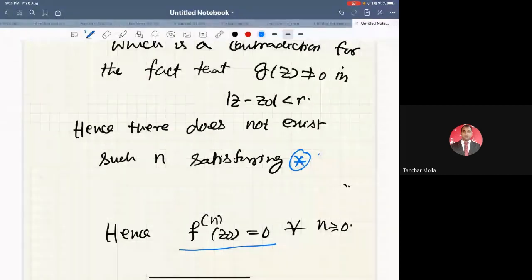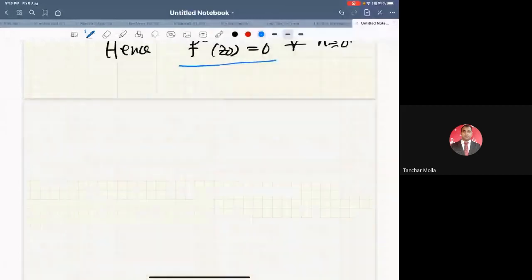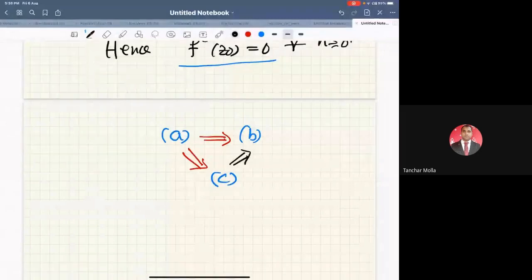Now, let me write the picture. What we proved is the following. Say this is A, B, C. So A implies B is trivial, A implies C is trivial, and in the earlier case, we proved C implies B. So what I want to prove is this B implies A. If I prove B implies A, then all A, B, C are equivalent.